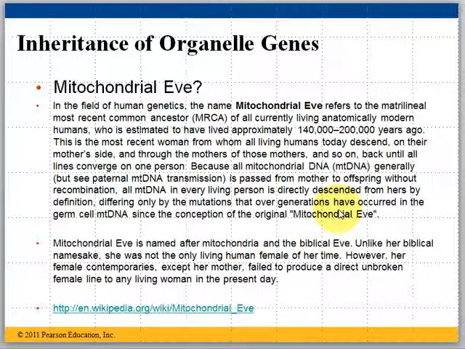That doesn't mean she was the only living female human at her time. All that means is, because of the way that the mitochondrial DNA is passed down, she is the most recent female in previous history who has a continual line of female offspring.